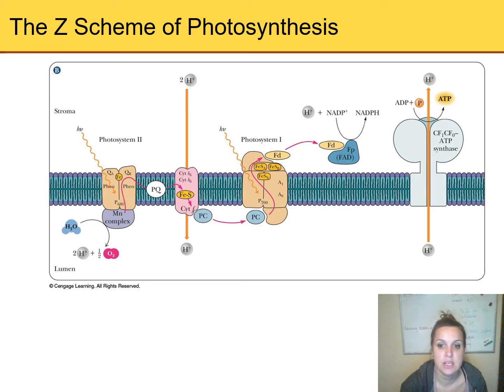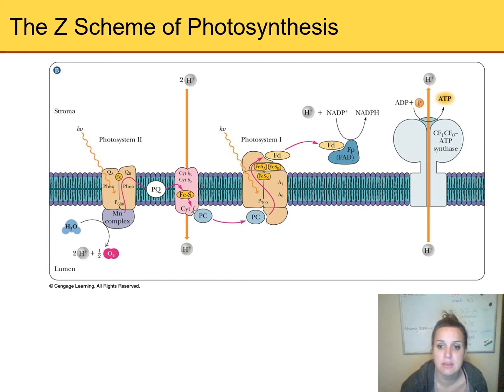And hydrogen is pumped into the lumen of the thylakoid discs from the stroma of the chloroplasts. And then those electrons are transported to photosystem 1. They're again excited by light, and then those are transported in order to reduce NADP to NADPH.